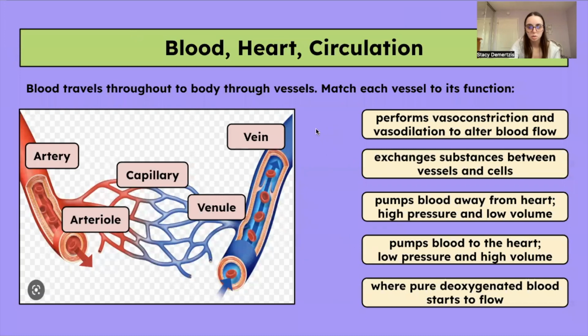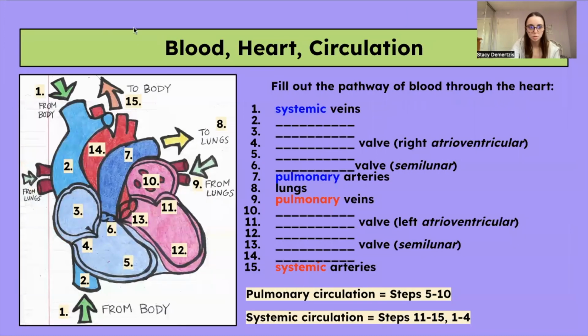We'll go on to the next one. All right, so this one is kind of a longer practice problem, but we talked about how blood flows through the specific vessels, the arteries, the veins, the capillaries, and what their roles are. And we touched a little bit on how the reason why oxygen and lack of oxygen occur in different vessels is when we think about just how blood flows, right?